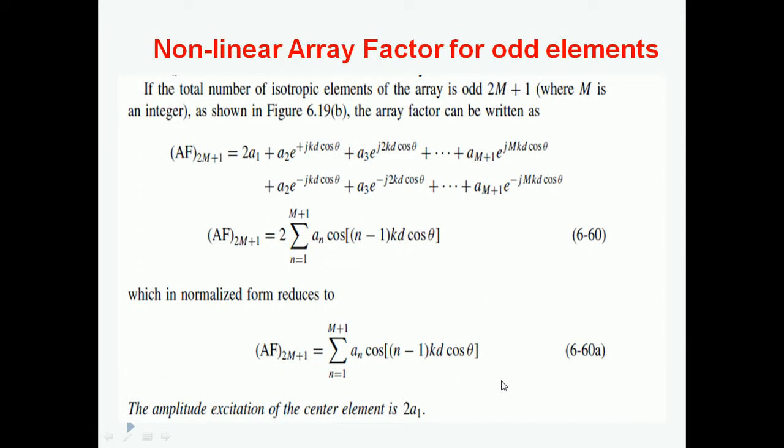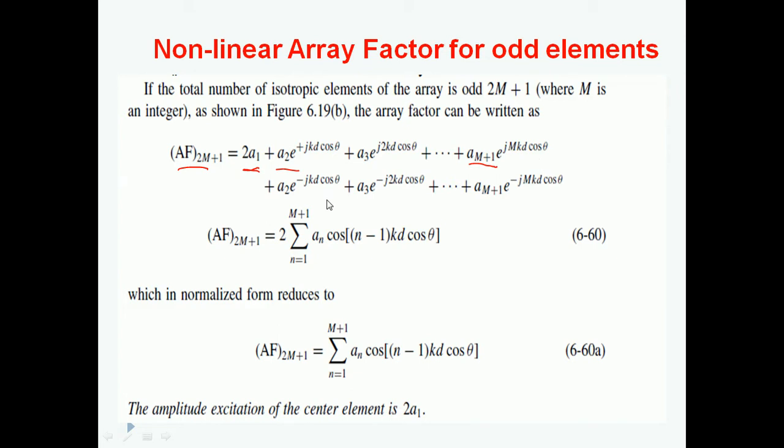So the array factor for odd elements is written as follows. We have a1, which is the amplitude of the center element, and then a2 e to the power j kd cos theta and a3 e to the power 2j kd cos theta, and the final element a(m plus 1) e to the power j m kd cos theta, and so on.